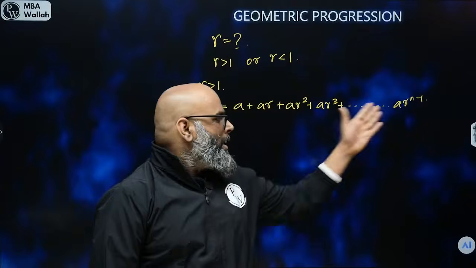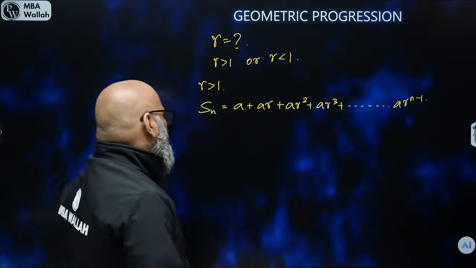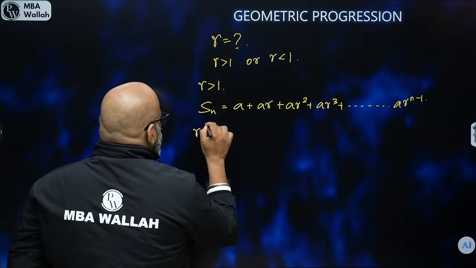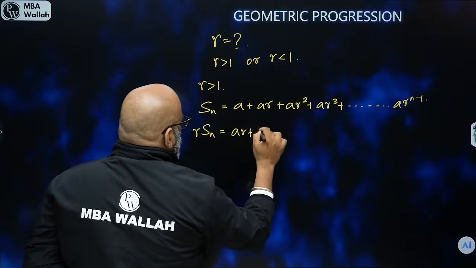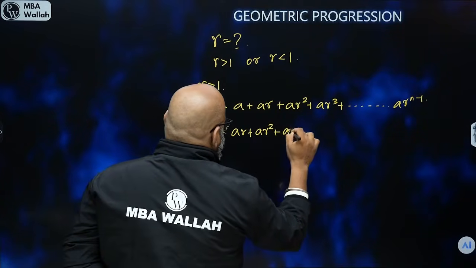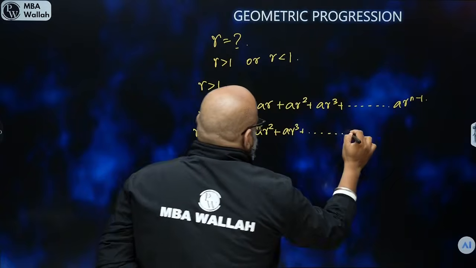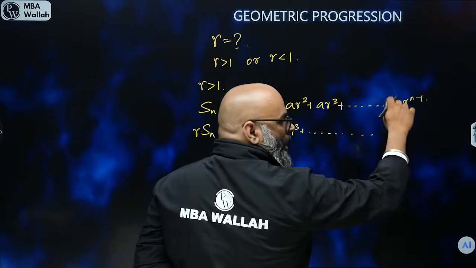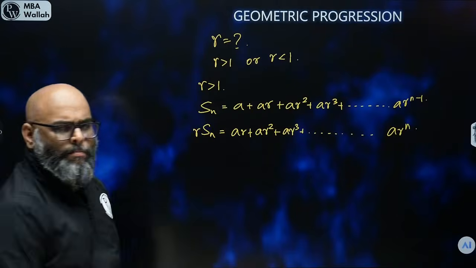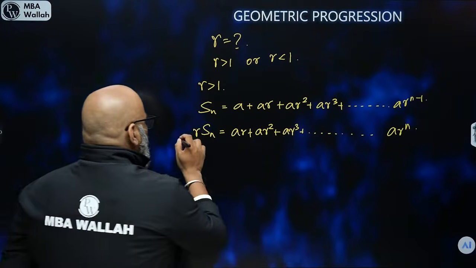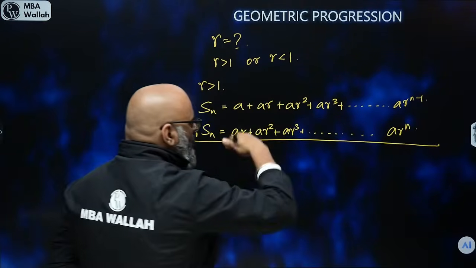So what will you get? R into Sn is equal to A into R is AR plus AR square plus AR cube up to AR power n minus 1 into R would give you AR power n, right? Now I am going to subtract these two equations.